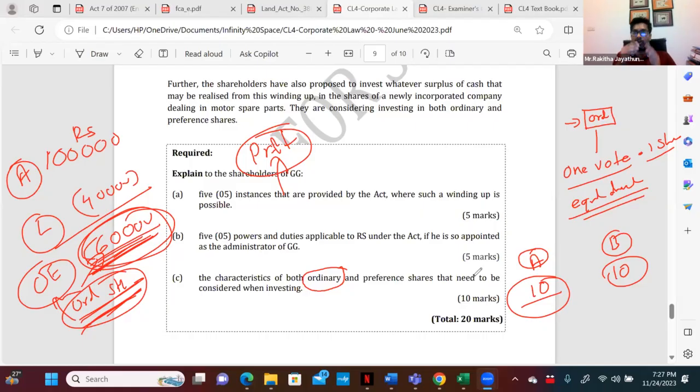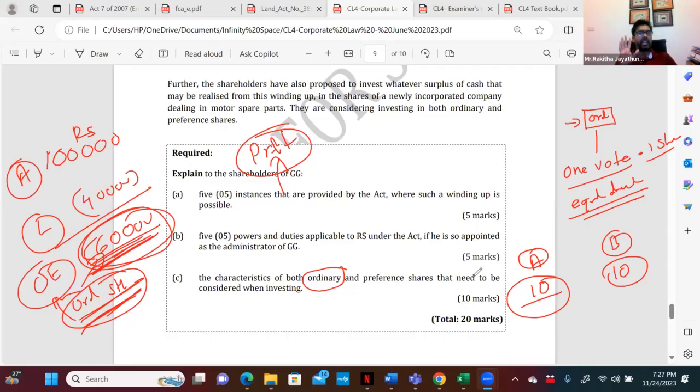Apart from that, normally when the preference shares are issued, at the very beginning, the company will specifically mention the terms and conditions of the preference shares. That is because there are different types of preference shares, as I mentioned earlier: redeemable, irredeemable, cumulative, non-cumulative, contributory.